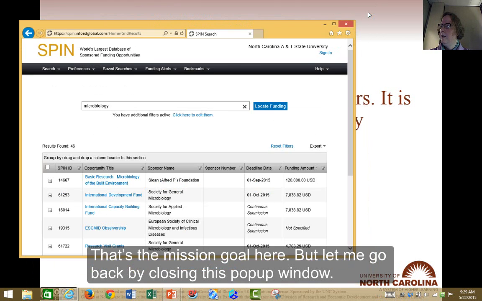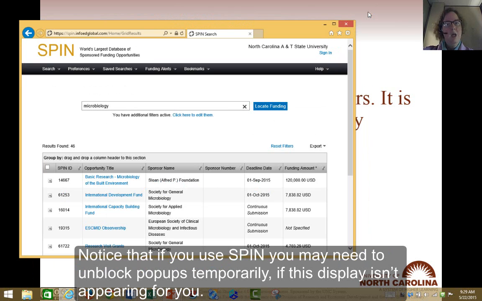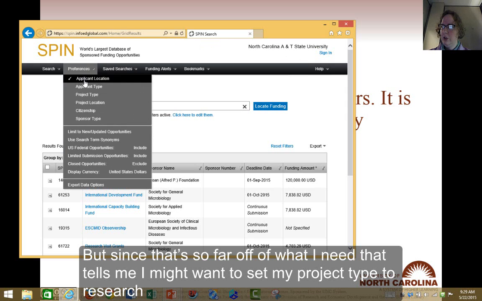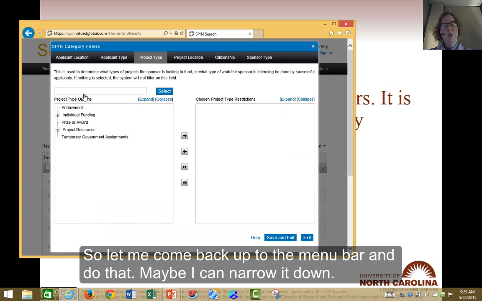But let me go back by closing this pop-up window. Now, notice if you use SPIN, you may need to unblock pop-ups temporarily if this display isn't showing up for you. But since that was so far off of what I want, it tells me that I might need to set my project type to just research. So let me come back to the menu bar and do that, because I don't actually want to do site visits.